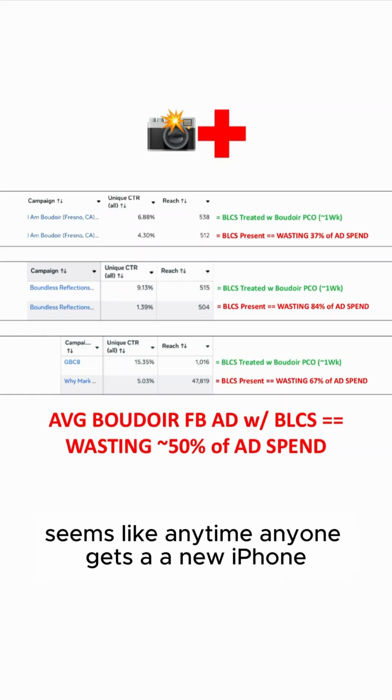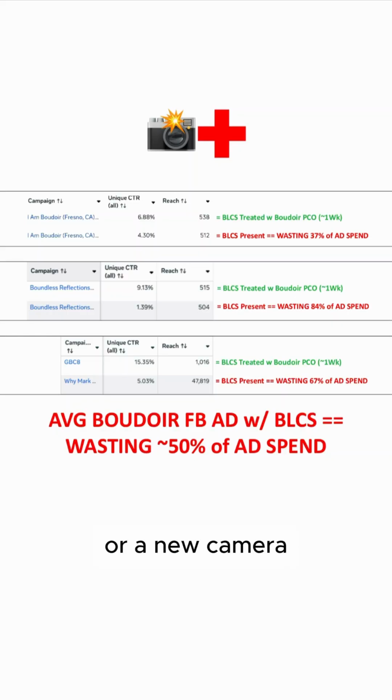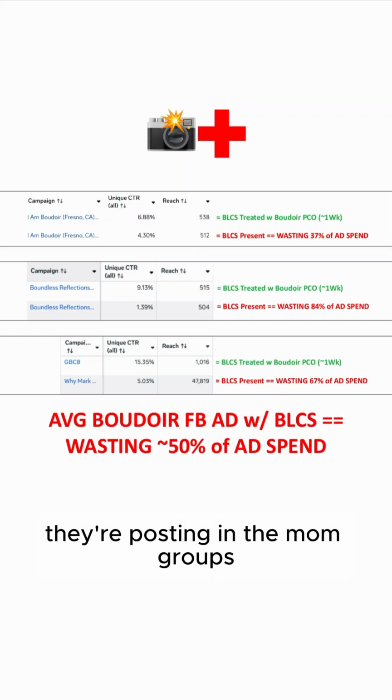It seems like anytime anyone gets a new iPhone or a new camera, they're throwing up their Google business profile. They're posting in the mom groups.